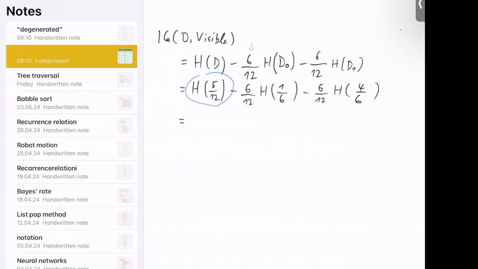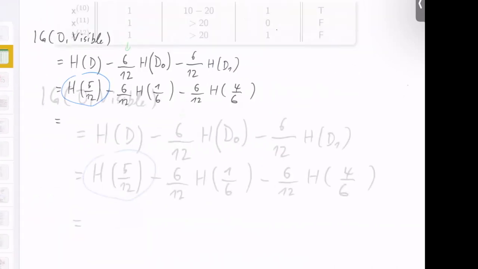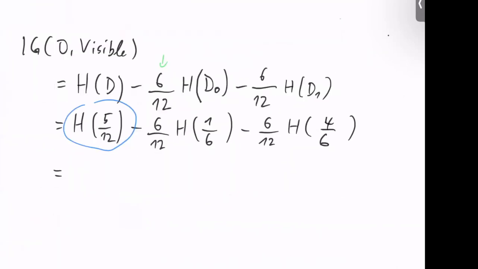I'm not calculating this in detail. Rather, you can use a calculator for this. And in the exam, you're allowed to bring a calculator to calculate these entropies for you. I have calculated them, and you can find them in the slides.